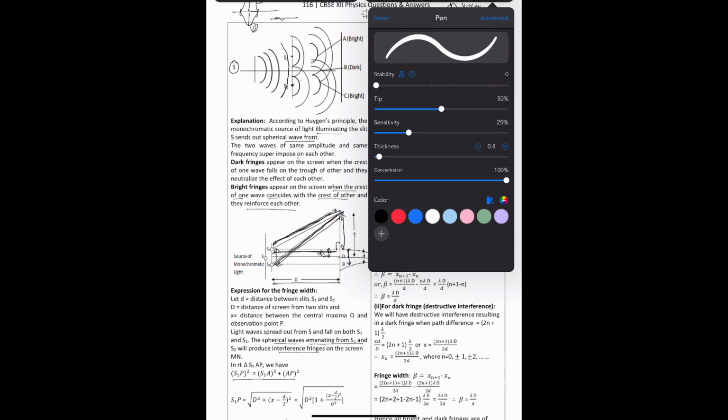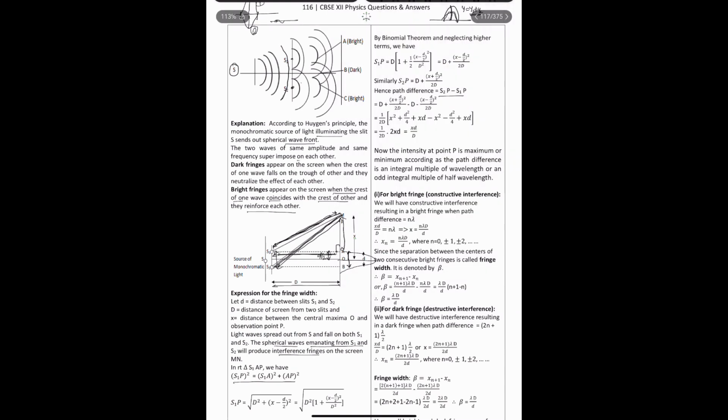This we can calculate, and it comes out to be x d by capital D. Now the intensity at a point P is maximum or minimum according to whether the path difference is an integral multiple of wavelength or an odd integral multiple of half of the wavelength. It depends on this.